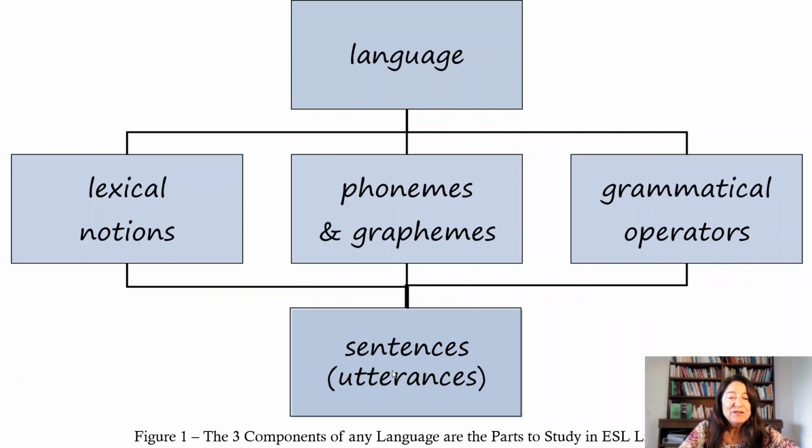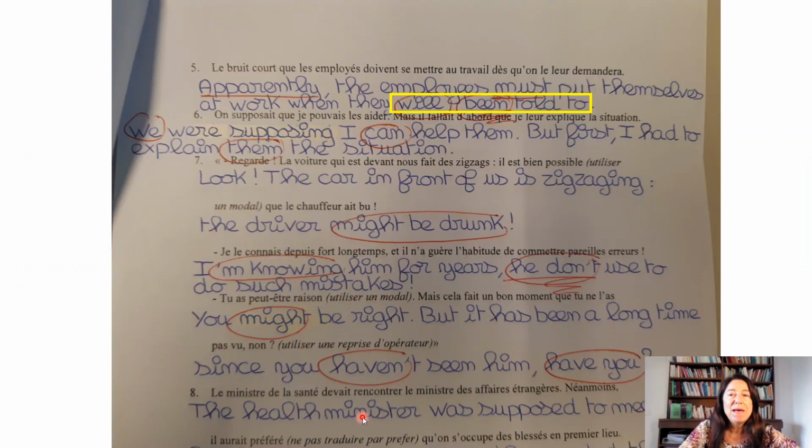So this work that I'm presenting to you now is based on the fact that many students, when they write in English, this is an example of an exam paper, come up with sentences that they probably weren't sure about.